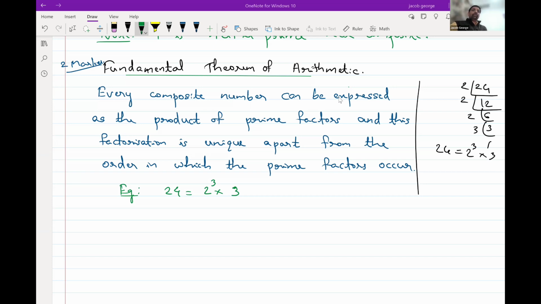So all of you studied, right? From online, who is ready to say? Sarah, can you try? Every composite number can be expressed as the product of prime factors, and this factorization is unique apart from the order in which the prime factors occur. Okay, correct.